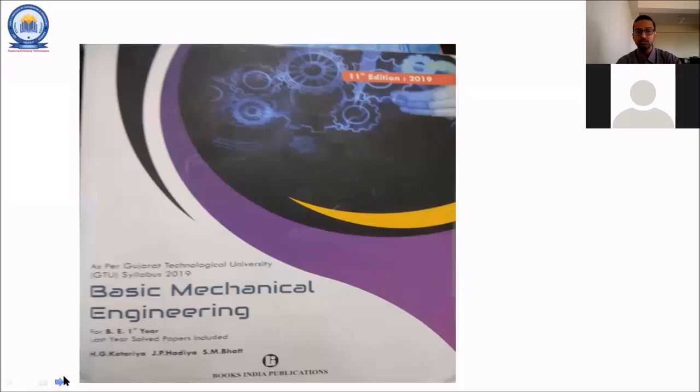You need to cross check the authors. The names of the authors are H.G. Kataria, J.P. Hadia and S.M. Bhatt. And the publication, that is the Books India publication. This is the latest edition, 2019, which is available in the market right now.